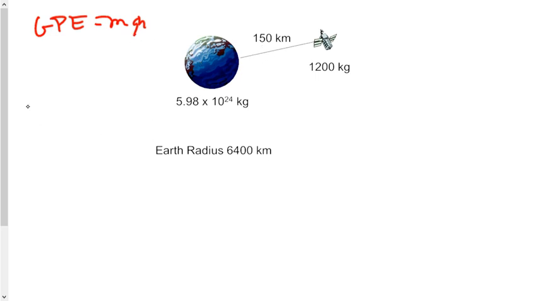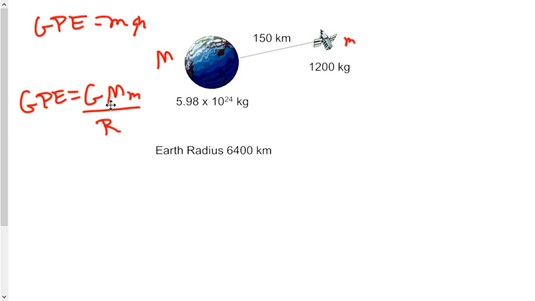So instead we use the equation: gravitational potential energy is equal to G, and again I'll use capital M for this one since it's so big, and a little m for that. So it will be big M, little m, divided by r. It comes from taking the integral of the first equation, the Newtonian law equation.